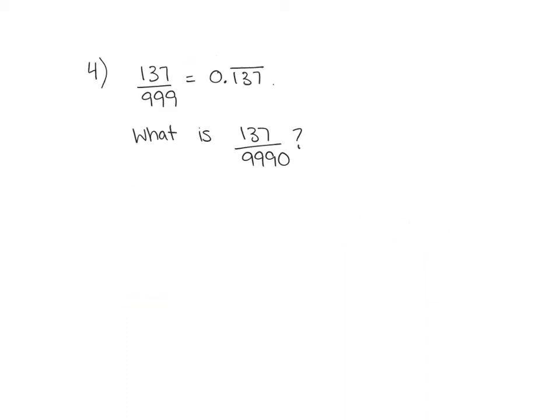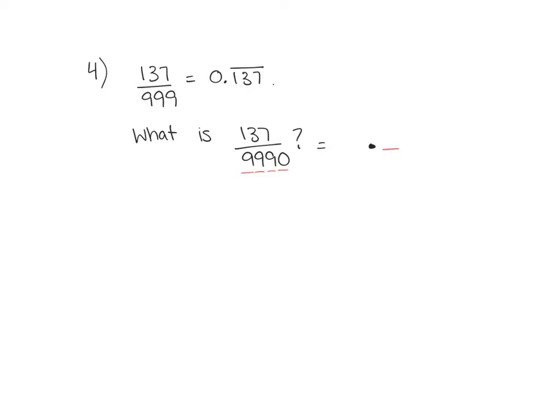Question 4 asks us if 137 out of 999 is the same thing as 0.137 repeating, what would 137 out of 9,990 be? The first thing I have to think about is how many places do I need after the decimal?